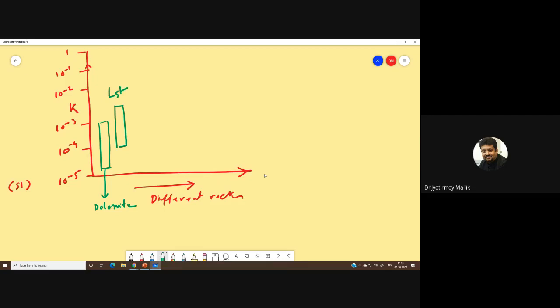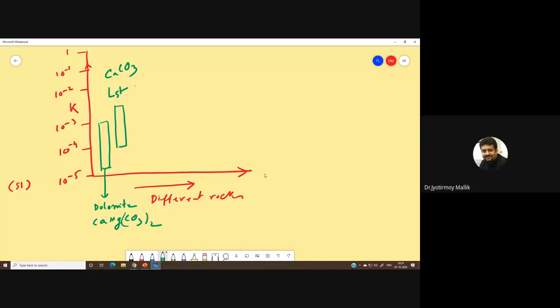Limestone is calcium carbonate, and dolomite is CaMg carbonate. This is dolomite, and this is limestone. And then sandstone.